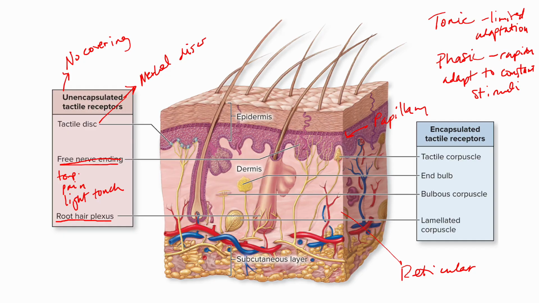Does anybody remember what that deep layer of the epidermis is called? It's stratum basale, the base layer. So they can extend into there. Because of their location, it makes sense that these are going to be responsible for determining our light touch. Now let me just erase so we can start over on the encapsulated.